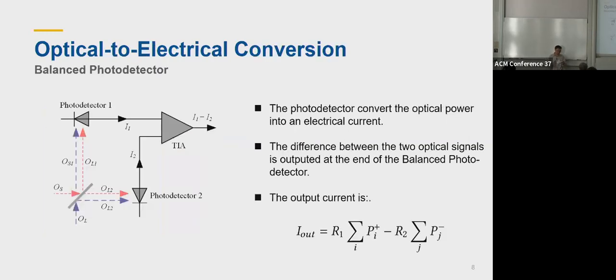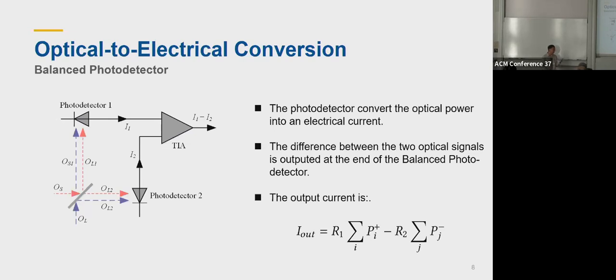So the next key device used in our work is the balanced photodetector. A balanced PD consists of two photodetectors connected with each other to cancel photoelectrical currents. The two photodetectors are used to receive the accumulated input signal, and the field is utilized to balance the direct current of the photocurrent that arrives at the PD.